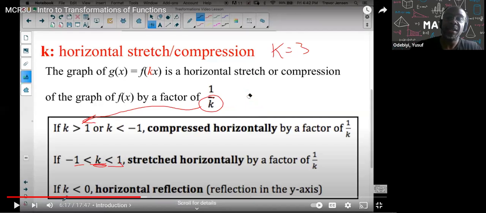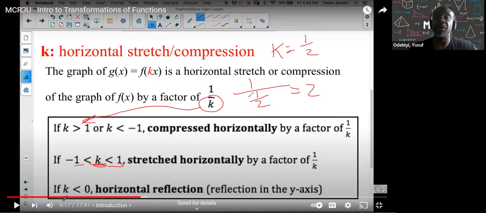Now, if I were to change it up and say K is 1/2, and I go back to this equation, then I have to put K as 1/2 there. That becomes the same thing as saying 2. You have to be able to do that as a fraction: 1 divided by 1/2.